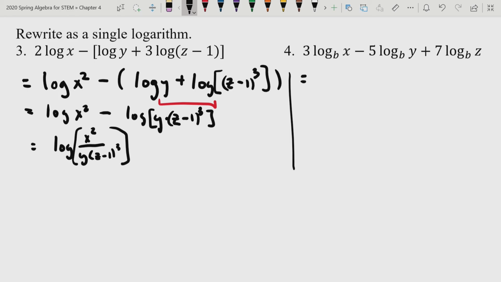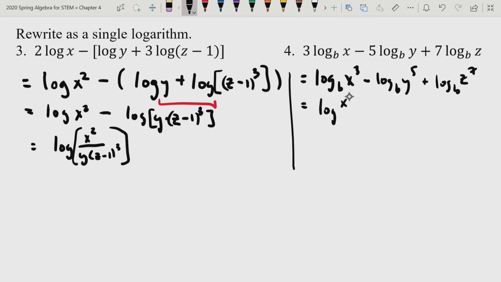Something times a log, power property: log base b of x to the 3rd, minus, power property, log base b of y to the 5th, plus, power property, log base b of z to the 7th. Now that I got rid of all the coefficients, I can use the quotient and product property. Here we have the difference of logs, so that's the log of the first thing divided by the second.